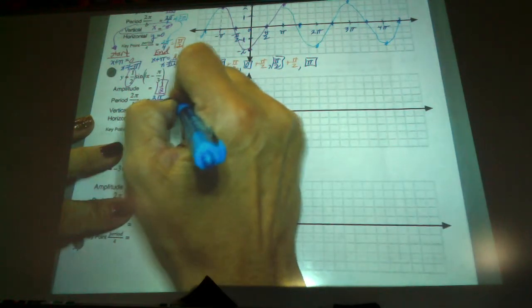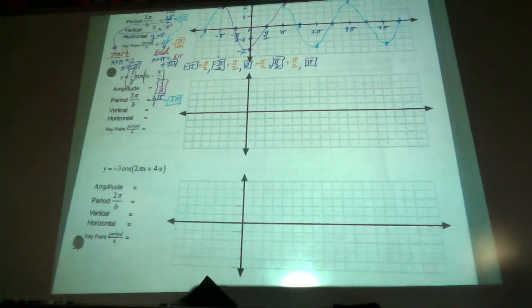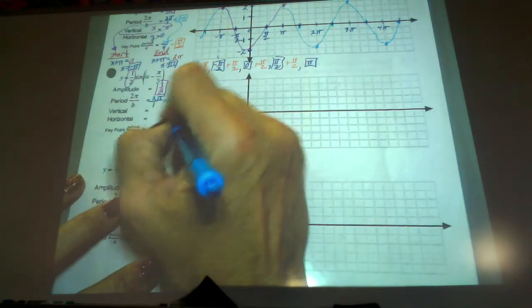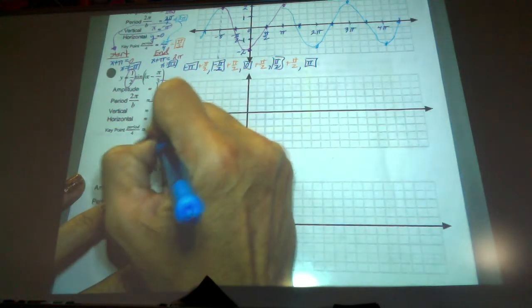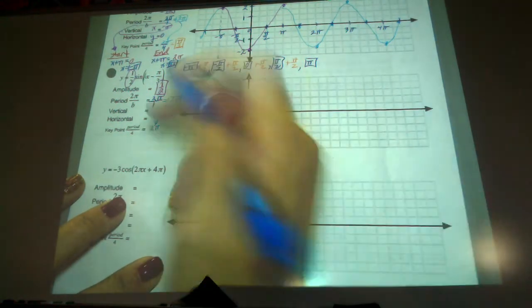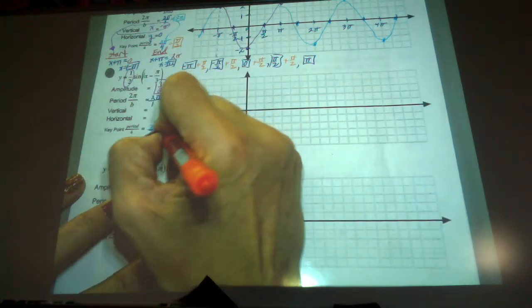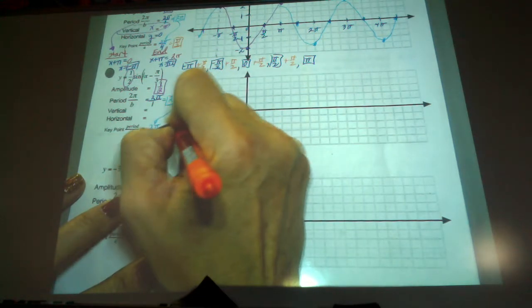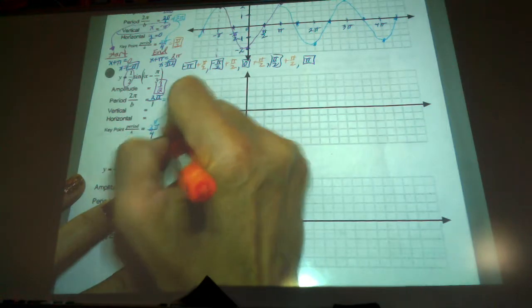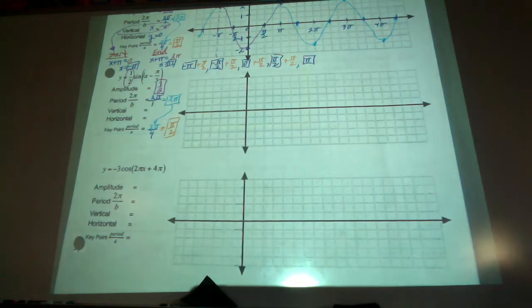It's still 2 pi. So because of that, I'm going to take that 2 pi down here and divide it by 4 to get my increments. And doesn't that reduce to pi over 2? Which, as you'll see, is going to cause an issue.